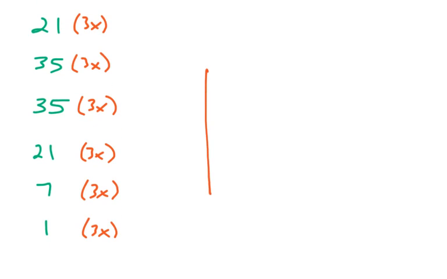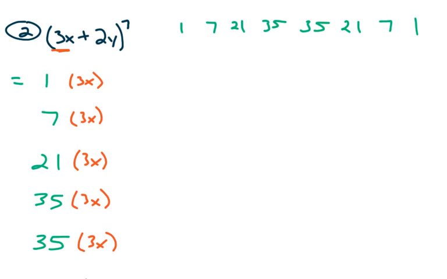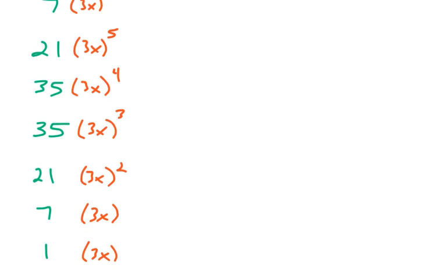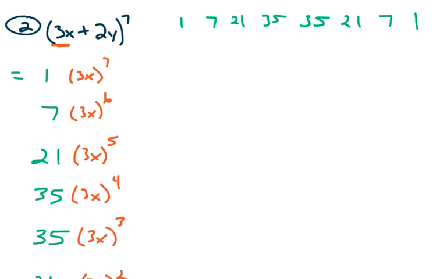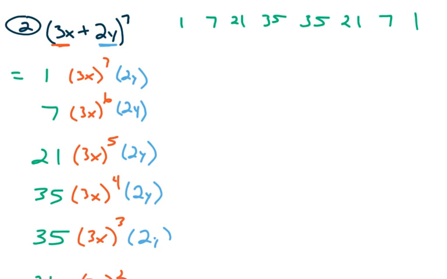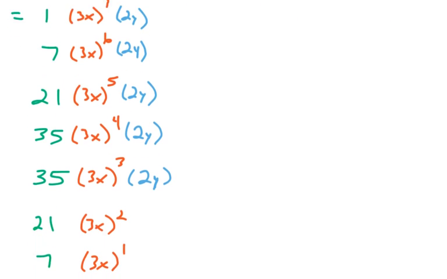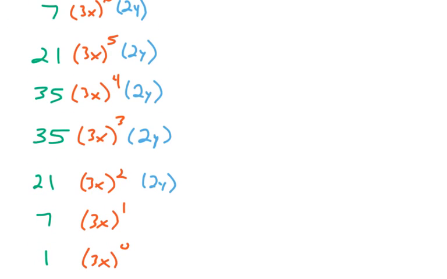And again, the exponents decrease on the first term, so we're going to start with 7 and work our way all the way down to 0. 3, 2, 1, and 0. Now, just like in the last one, we went to blue, so we'll go to blue. So 2y, that's going to be in every one of these terms. 2y, 2y, 2y, 2y, 2y, 2y, and 2y.